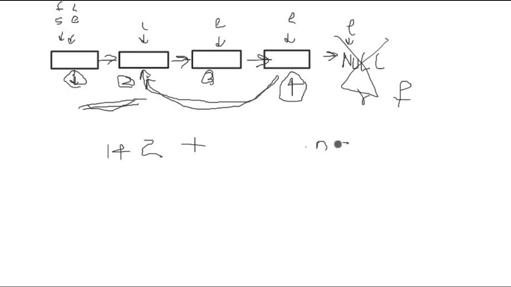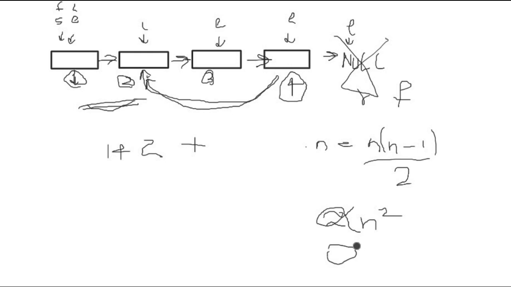This is going to cost us n into n minus 1 by 2, which in time complexity can be roughly estimated as n square, because it is proportional to n square. Therefore the time complexity will be big O of n square.